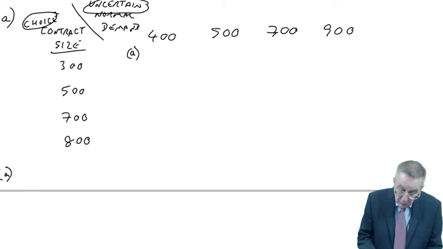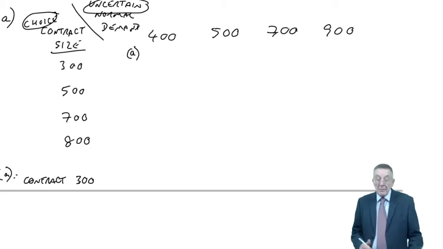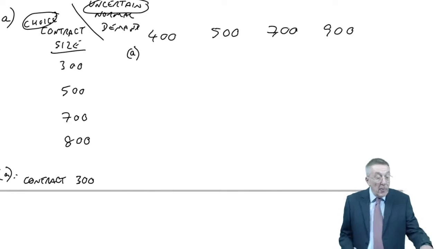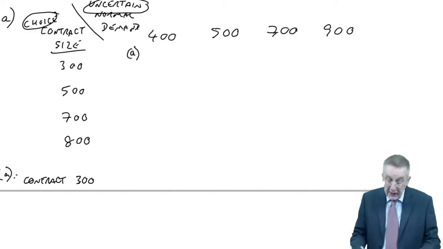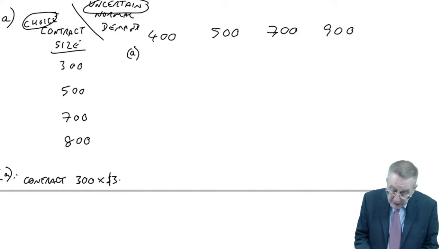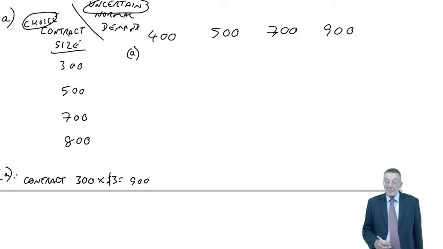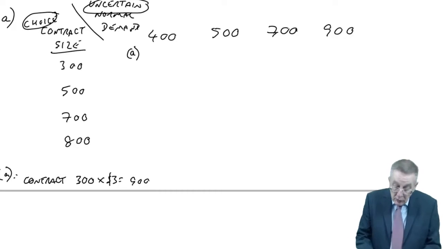Well, for A, therefore, contract 300. And remember, units sold on the contract, they pay 9, the cost is 6, we make $3 a unit profit, so a total of 900. In addition, normal customers want 400.